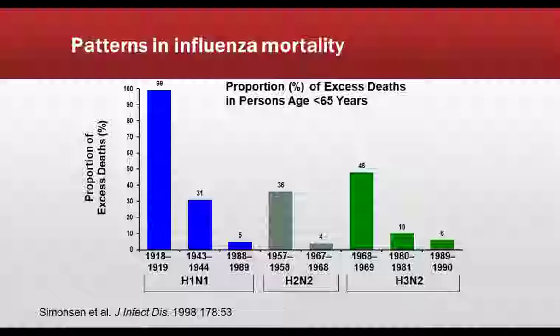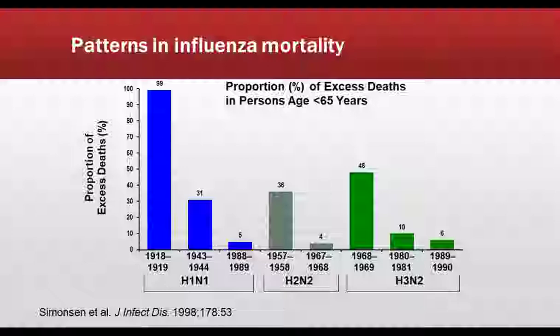When you've got a pandemic virus, a new virus, a novel virus, that changes. So if you look back at the Spanish flu, 1918-1919, an H1N1 virus, in that first year, 99% of the deaths occurred in people younger than 65 years of age.